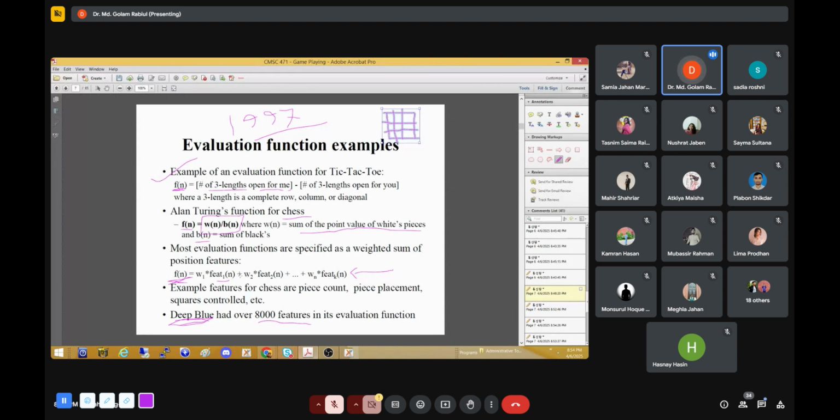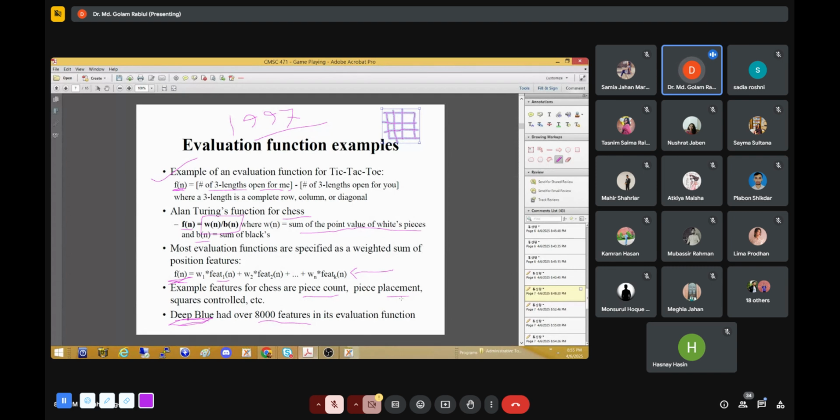There are several kinds of features, like the first feature, the piece count: how many pieces are left for me and how many are left for the opponent. Then piece placement, where each character is placed, like the placement of the king, the queen, the horse in the board's position.